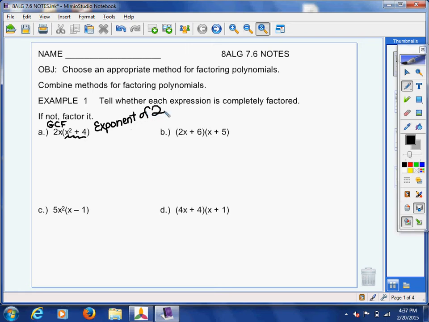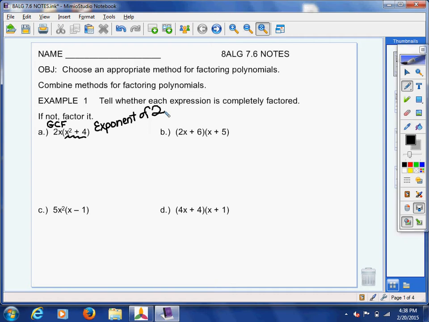If I see an exponent of 2 on my variable, then I'm going to look at that a little bit more deeply and see if I can factor it. If it's an exponent of 1, then I don't need to worry about factoring it necessarily. It might need a GCF pulled out of it, but if it has a 2 on it, it might be a trinomial or a binomial that is possibly factorable.